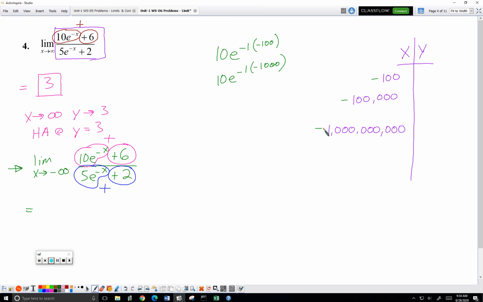What we have here, though, is this expression, 10 e to the negative x. But negative x really means negative 1 multiplied by x. And so we are going to replace x with each of these values. So that's what I was doing here. I need to spread my parentheses a little bit more.